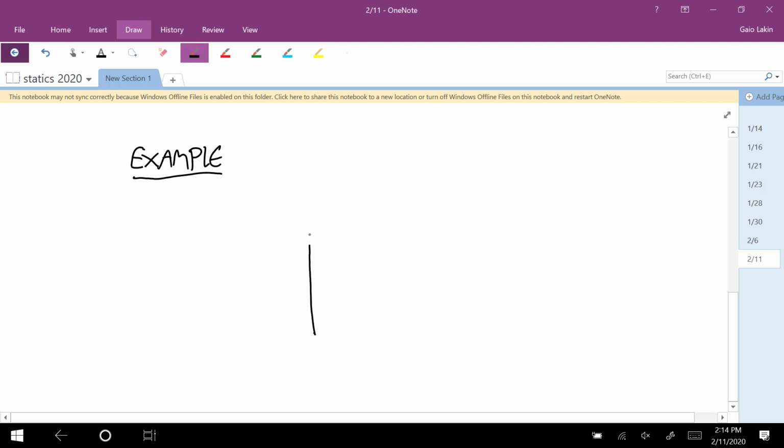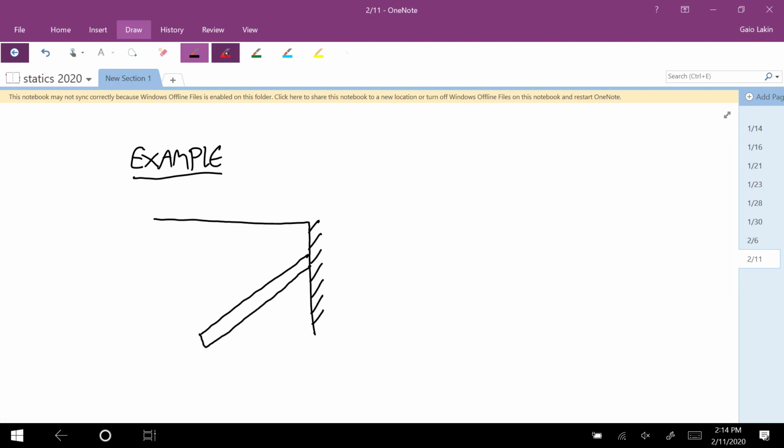Okay, so for the first one, let's say we have an object that's connected to the wall by a fixed joint. Let's say this angle is 50 degrees. And a cable is connected to the end of this beam that goes over a pulley.